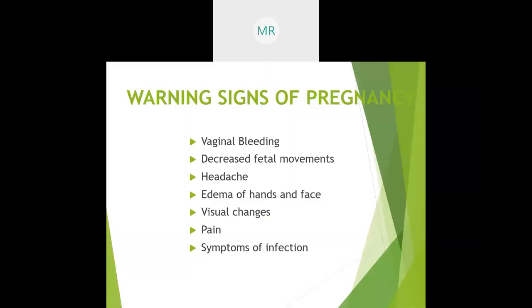And then we can also have placenta previa, which is placenta that's implanted in the lower uterine segment. Okay, normally the placenta implants on the top of the fundus of the uterus, but when it implants in the lower uterine segment, then of course there's a big chance of vaginal bleeding.